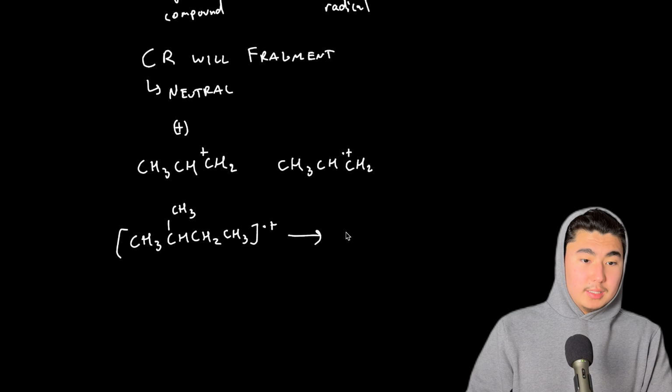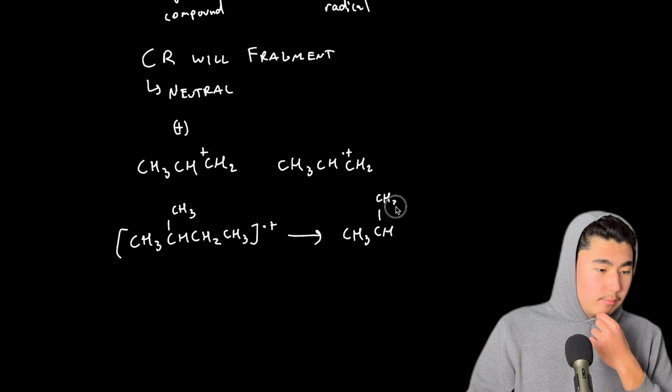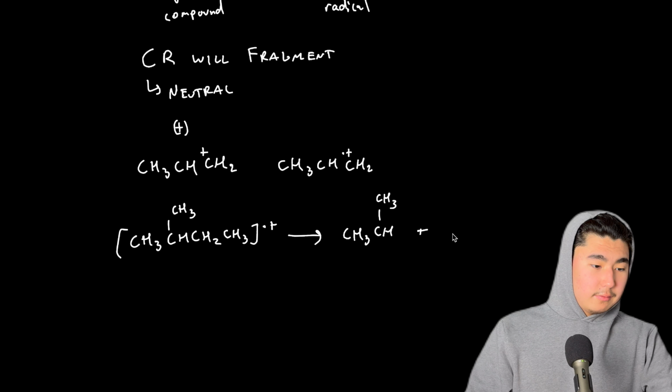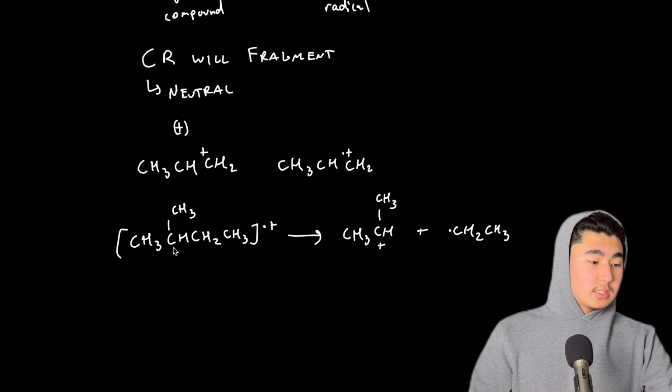So what would happen is the fragments that are created are CH3CH bonded to that methyl, and CH2CH3, so we have a plus over here, we have that radical over here.